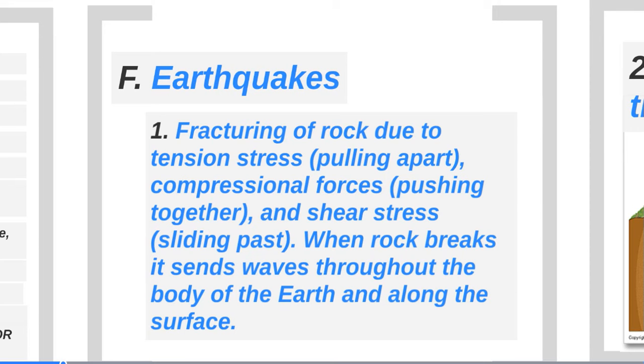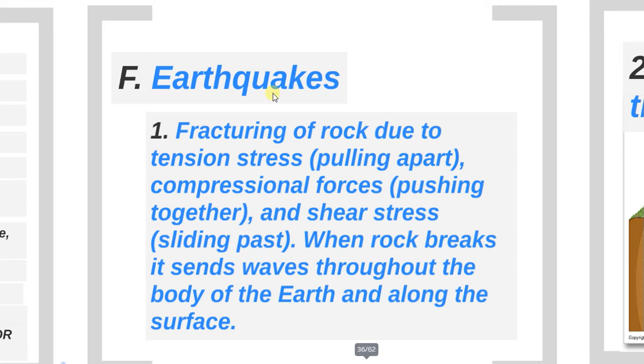So basically what we have here is fracturing of rock due to tension stress, which would be pulling apart, compressional forces, pushing rock together, and shear stresses, sliding past. When rock breaks, it sends waves through the body of the entire planet and along the surface. Now remember, as you're taking notes, pause when you need more time to write.